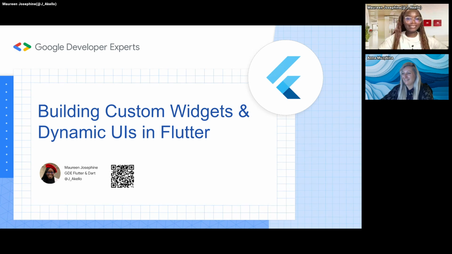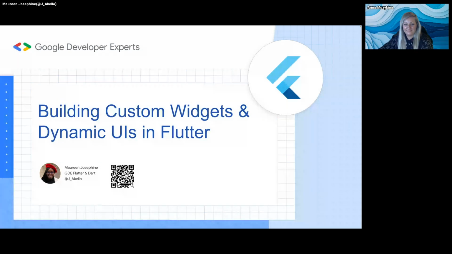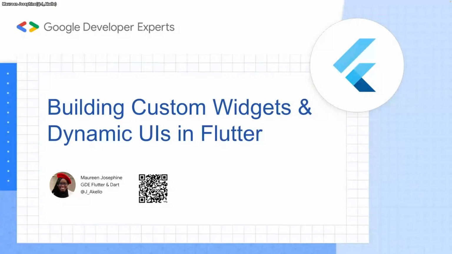So I'll just go straight to my talk. And yeah, it's good that we've had a foundation about how to work with widgets and everything. And now this talk is more of a build up of the previous talk on how to build your custom widgets and also dynamic UIs in Flutter.